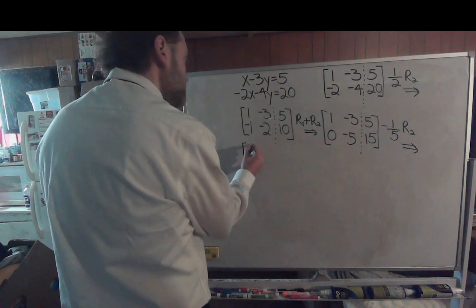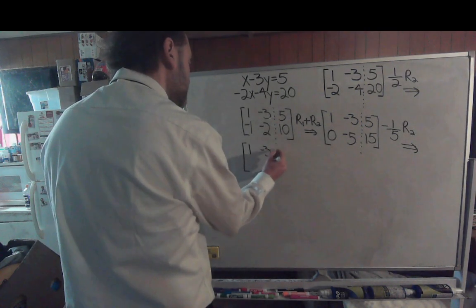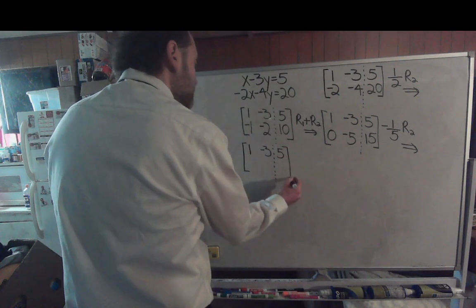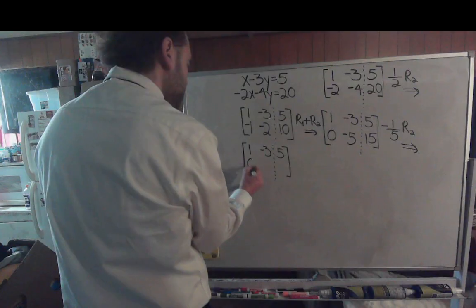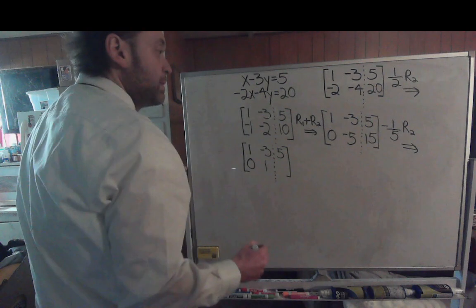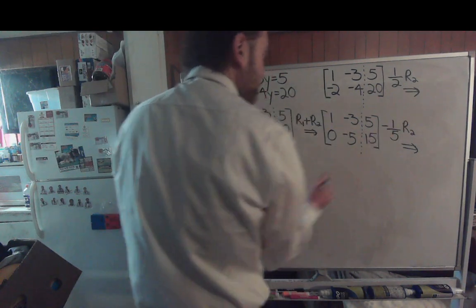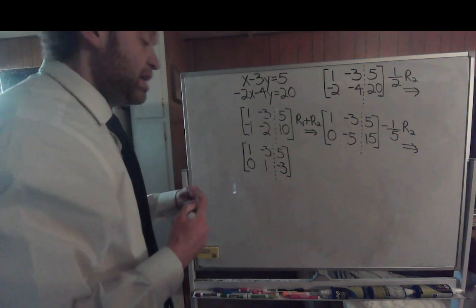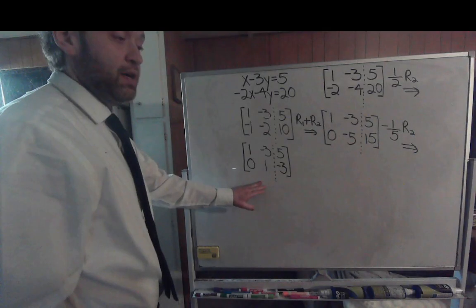So first row is still left alone for the time being. So -1/5 of 0 is 0. -1/5 of -5 is +1. -1/5 of 15 would be -3. Alright, so now we've reduced the second row enough.